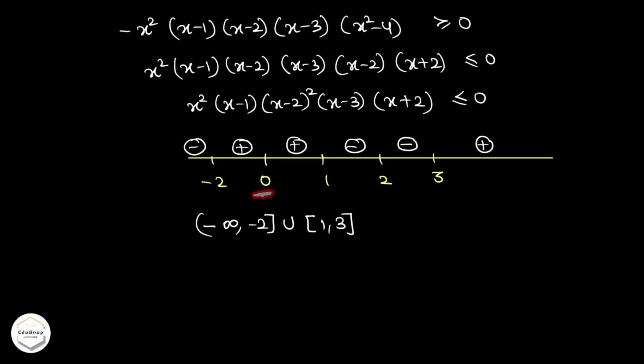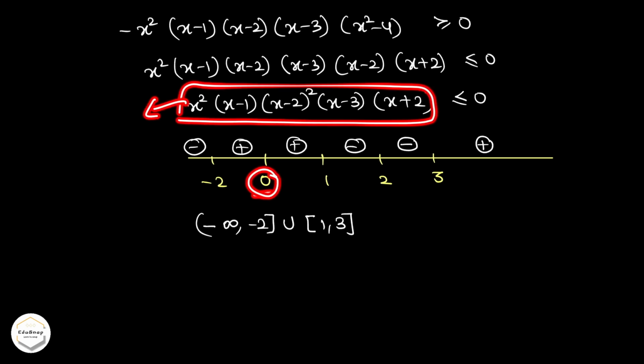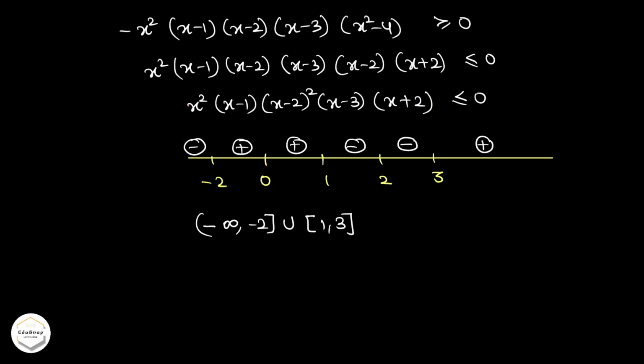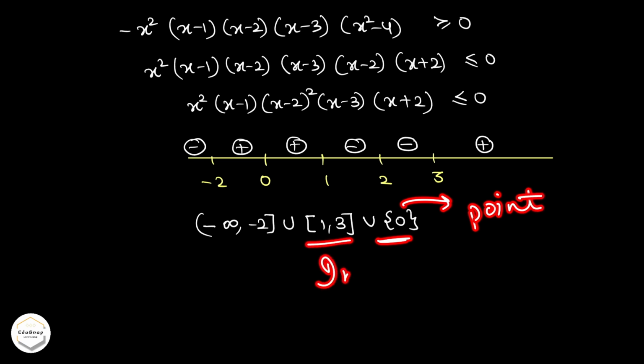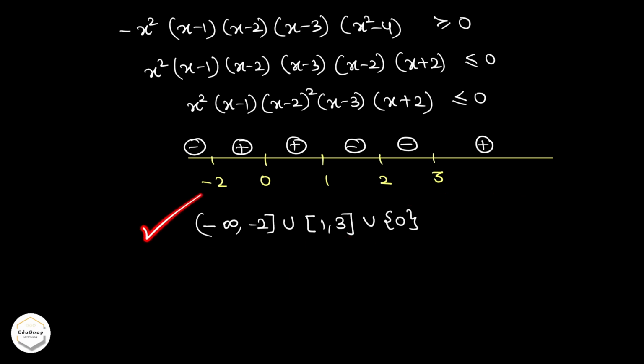This point, because at 0 if you put 0, it is going to give you 0, and 0 equals 0. Yes, it is correct. So here we will include 0 as a point. This is a point that we included. This is the interval, and this one is also an interval here. So this is going to be the final answer of this problem.